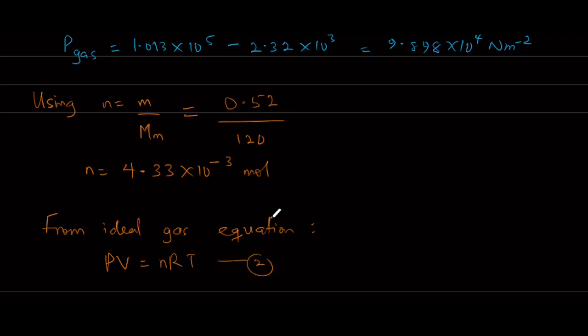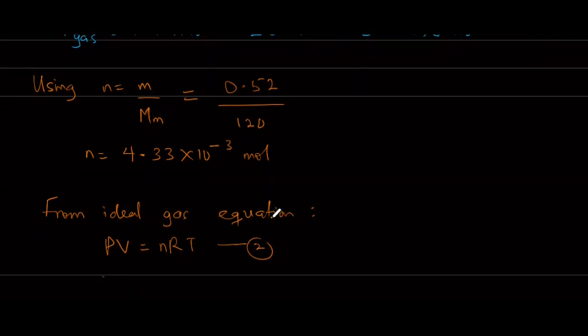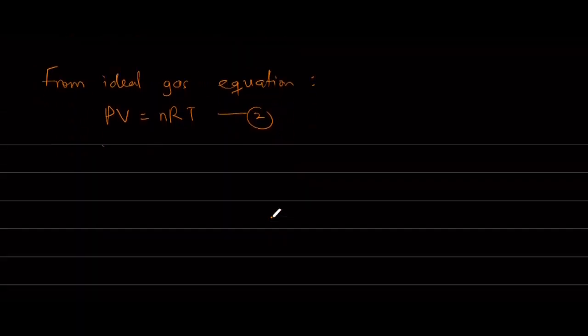So if we make V the subject of the formula, we are going to have V equals nRT over P, equation 3. So our value is going to become V equals, the number of mole gotten is 4.33 exponential minus 3 multiplied by R, 8.314.